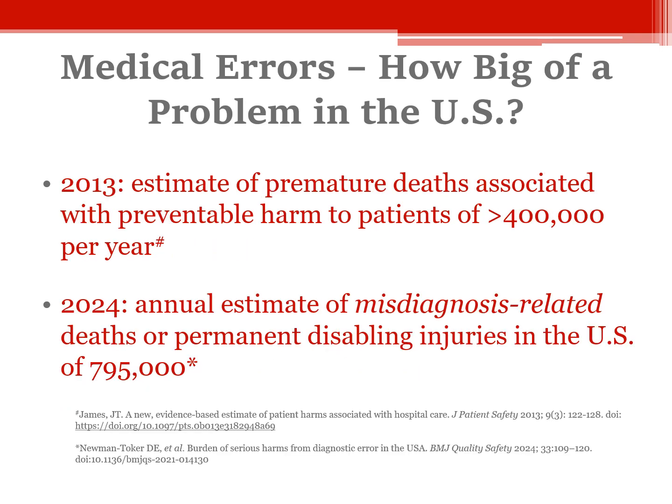A 2013 study published in the Journal of Patient Safety, which estimated the patient harms associated with hospital care in the United States, found that their estimate was that there were premature deaths of about 400,000 people per year due to what they deemed to be preventable harm to patients. Now, obviously, they didn't count every single one of these.